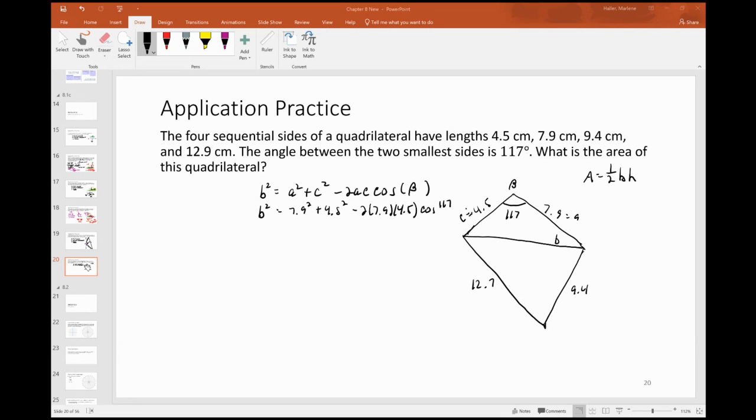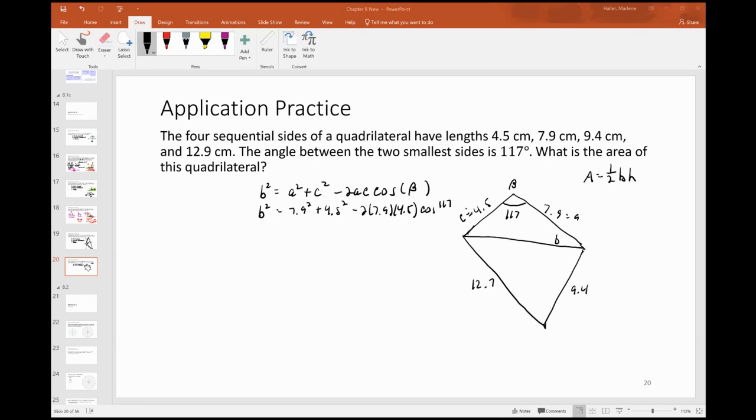Okay. Let's see what that's going to be. 7.9 squared plus 4.5 squared minus 2 times 7.9 times 4.5 times the cosine of 117.